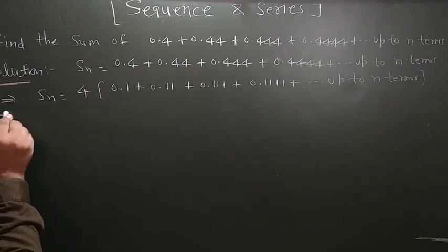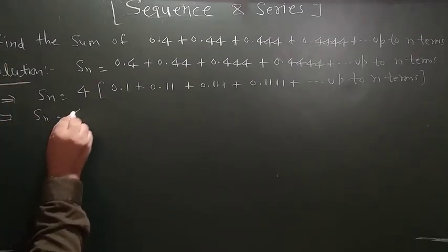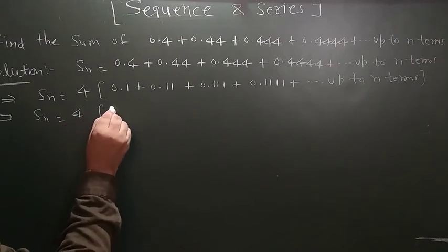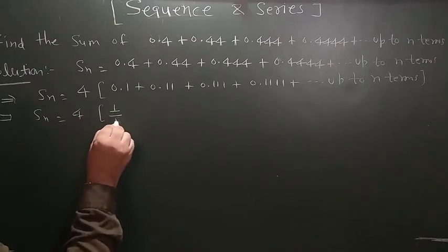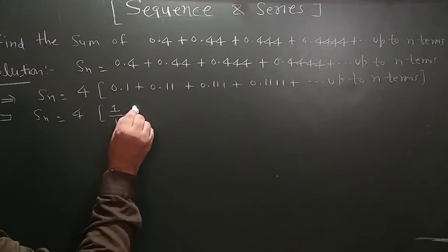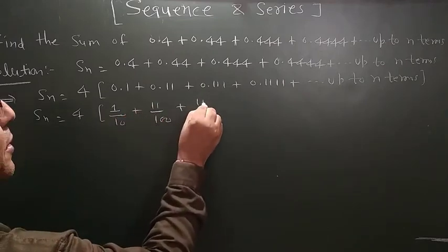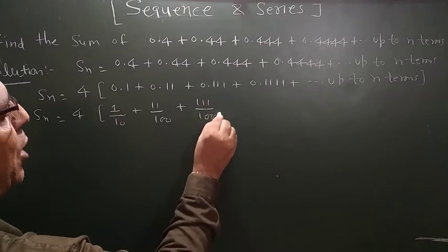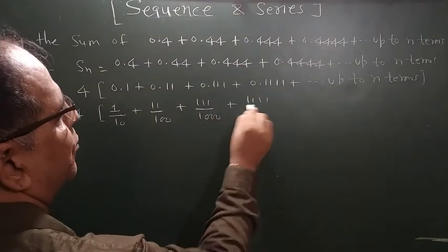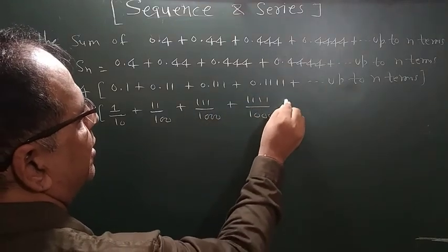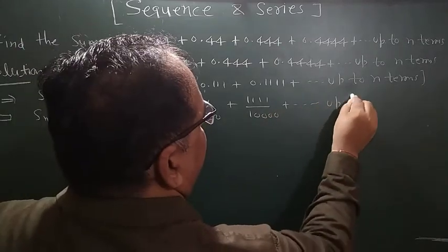Now remove the decimal here, so 1 upon 10, 11 upon 100, 111 upon 1000, 1111 upon 10,000 and up to n terms.